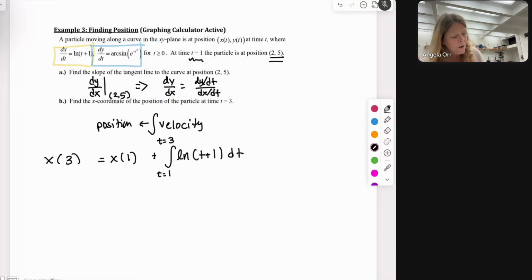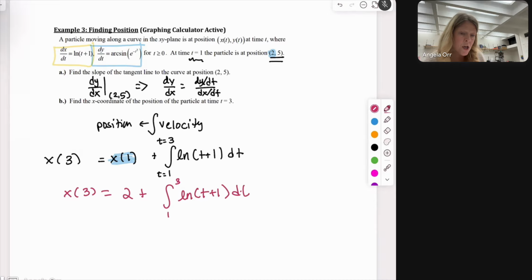We know that the x coordinate at time 1 is a value of 2. So to find my position at 3, I take 2 and add it to the integral from 1 to 3 of the x component of the velocity, that function right here.